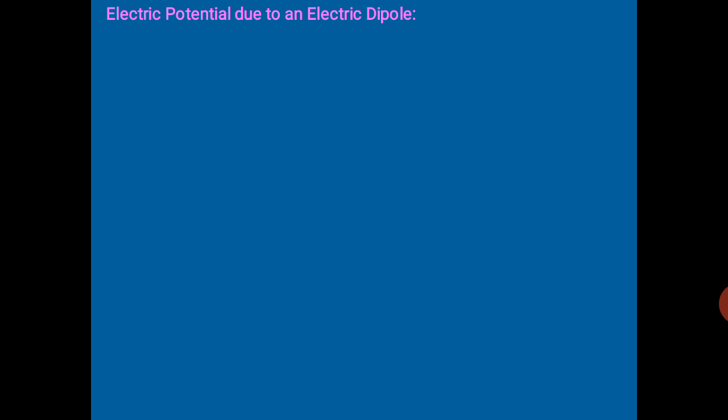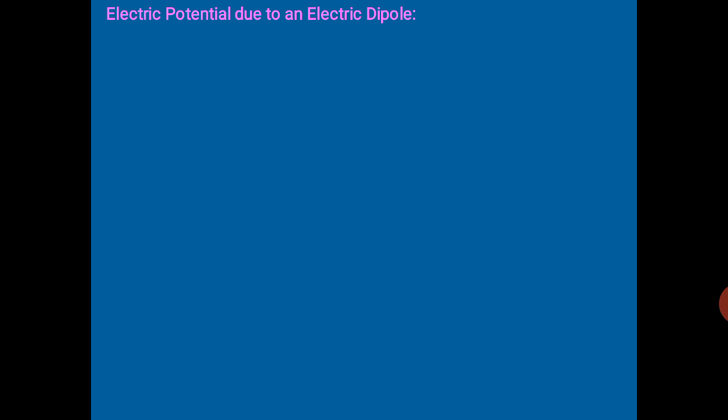All of you know about the electric dipole. This electric dipole consists of two charges having the same value but opposite polarity, so two equal and unlike charges separated by a small distance.